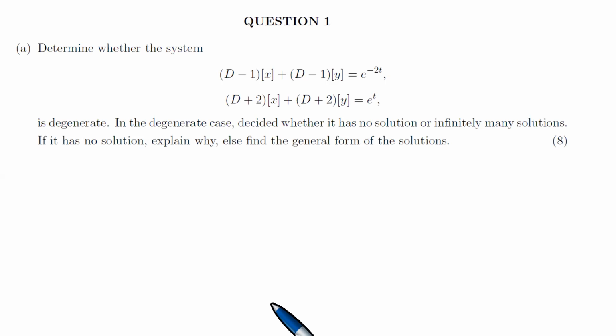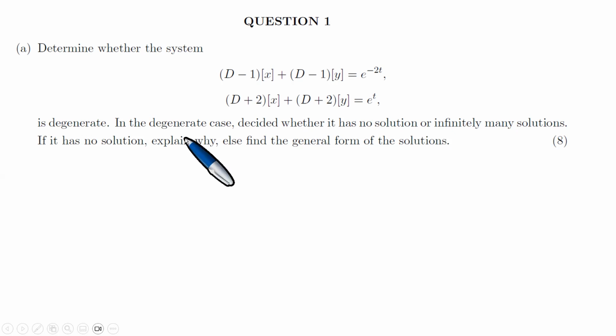It's the same as what we just did now. Determine whether the system is degenerate. For the degeneracy, we just need to compute the determinant of the coefficient matrix. In the degenerate case, decide whether it has no solution or infinitely many solutions.